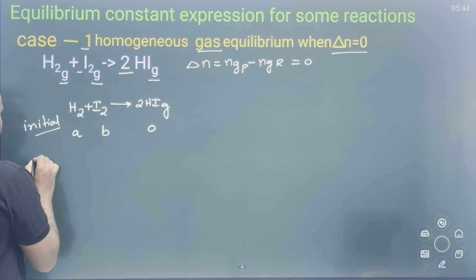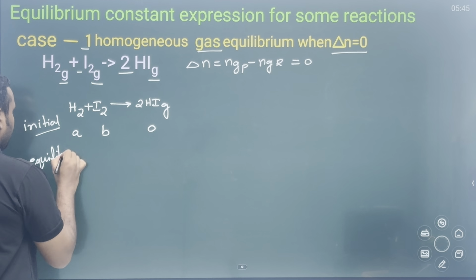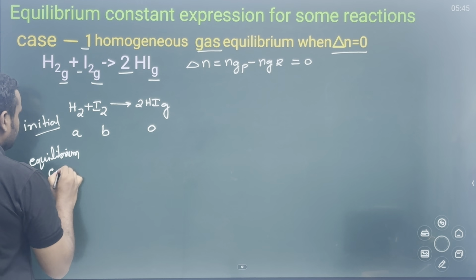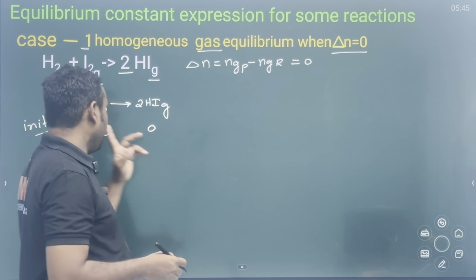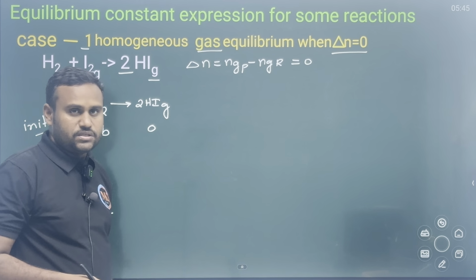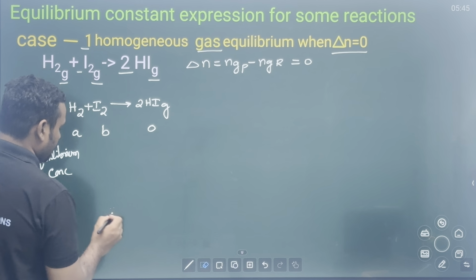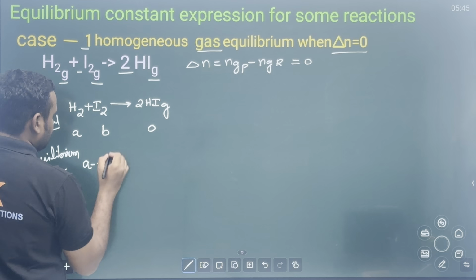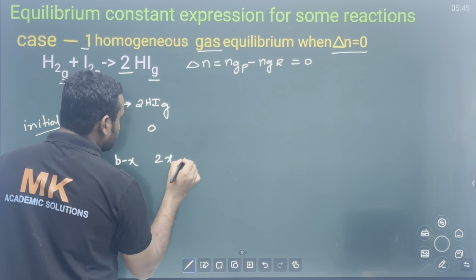So after attaining equilibrium, what are the equilibrium concentrations? Here the concentration of hydrogen is going to decrease, iodine is going to decrease, and the concentration of HI is going to increase. Now let us see the equilibrium values: a minus x and b minus x, and this is 2x.